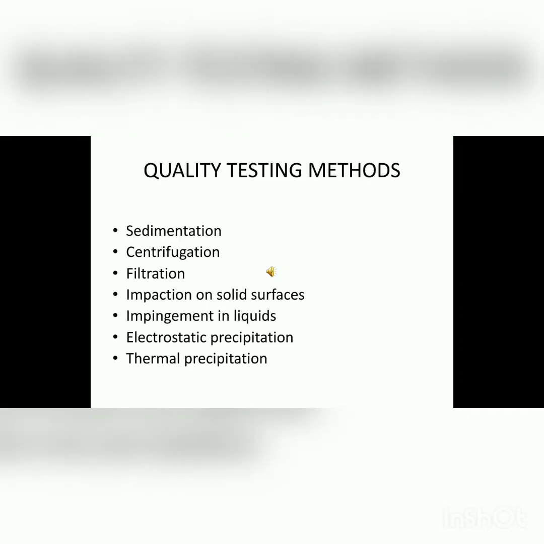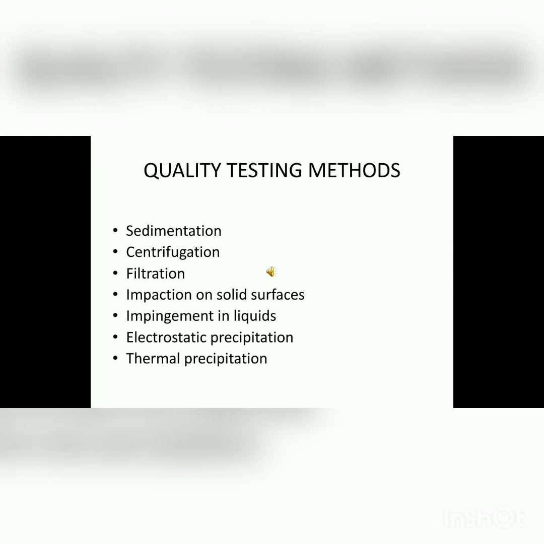These are the quality testing methods. First is sedimentation, then centrifugation, filtration, impaction on solid surfaces, impingement in liquids, electrostatic precipitation, and thermal precipitation. These are the methods through which we can measure the quality of the air.